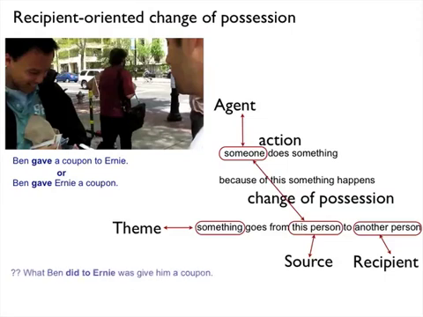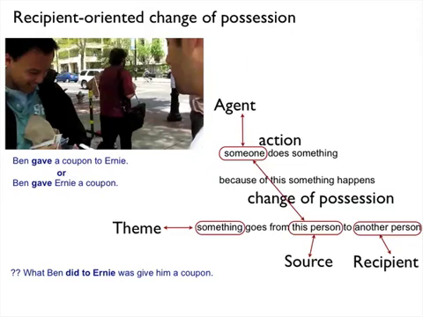So you get Bert gave a coupon to Ernie, or in this case you have two ways of doing it. Bert gave a coupon to Ernie, or Bert gave Ernie a coupon. And it's not really the case that this is a kind of patient, right?